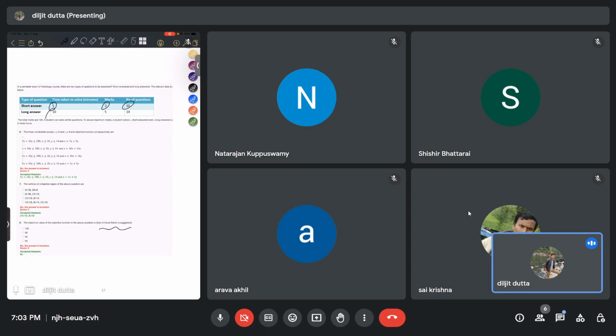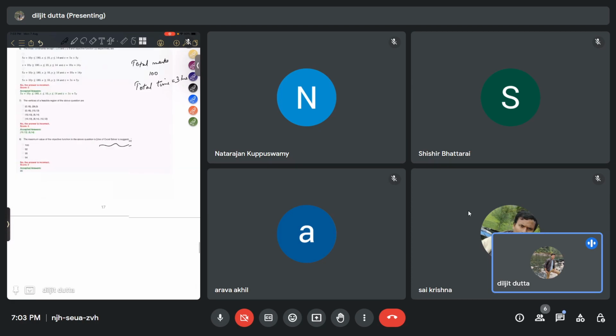For the long answer question, the time taken to solve one question is 10 minutes, marks is 5, and the number of questions is 14. The total marks is 100, and the student's total time is 3 hours.